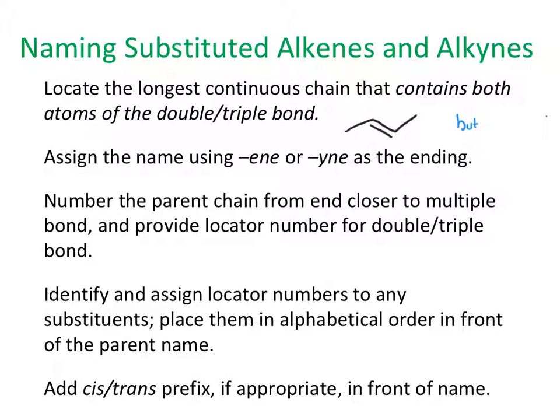So but. The double bond is coming after our second carbon. And therefore, rather than simply calling this compound butene, we would call it but-2-ene to specify where the double bond is located.